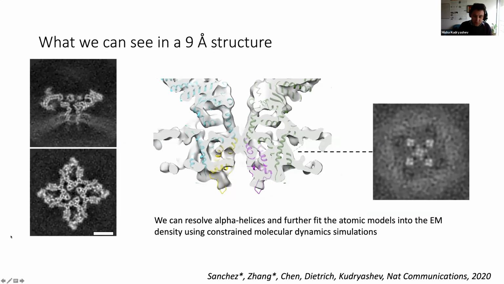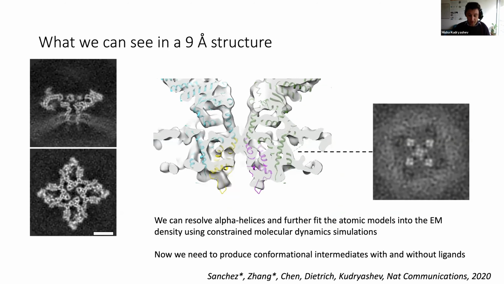So all we need to do now is have several structures that would characterize the conformational landscape of the receptor in this setting. And so that's what we decided to do.